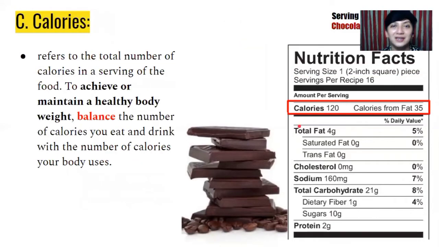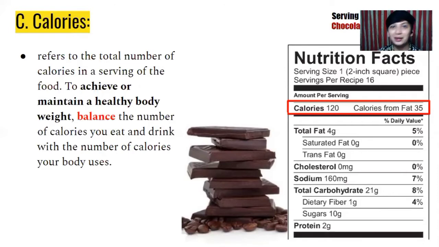And then letter C, we have calories. Calories refers to the total number of calories in a serving of the food. To achieve or maintain a healthy body weight, balance the number of calories you eat or drink with the number of calories your body uses. The more calories you take in, the more calories you need to use. Meaning you burn the calories that you take in.